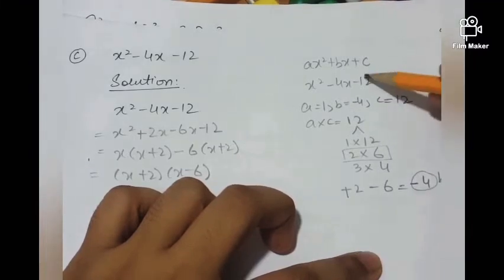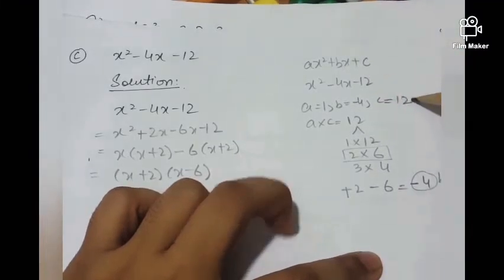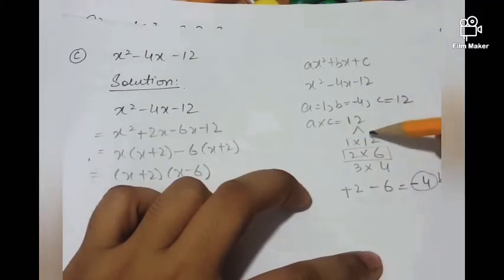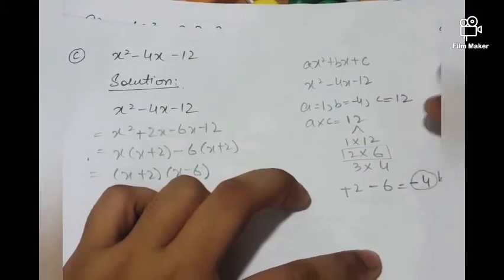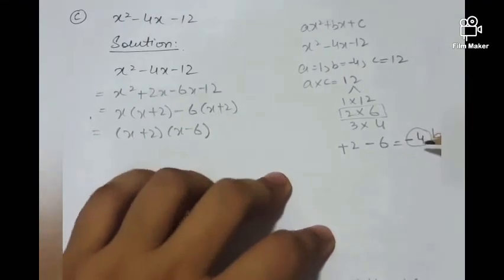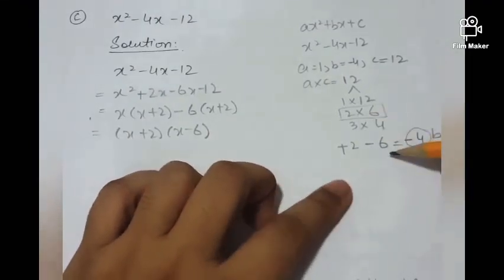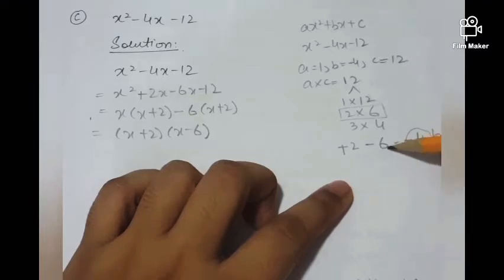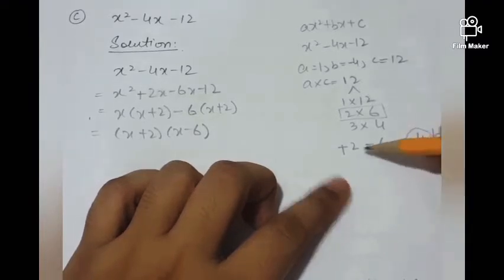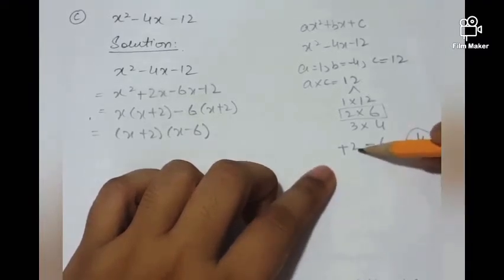Now again c, I haven't written the sign with the c. Now a multiplied by c is 12: 1 and 12, 2 and 6, 3 and 4. Now I have chosen to get minus 4, which is 6 minus 2, but I know that I want the 4 to be negative, so I place the bigger number with the minus sign and the smaller number with the plus sign.